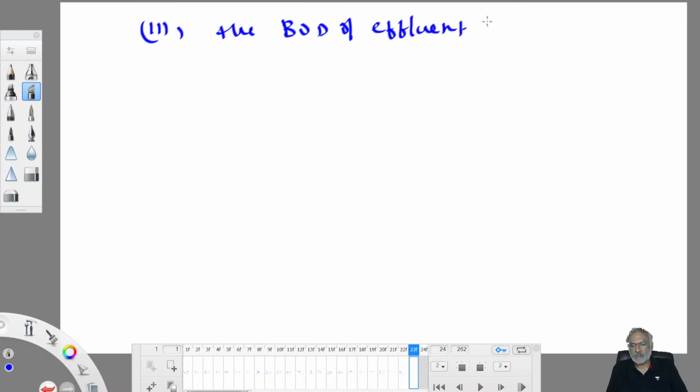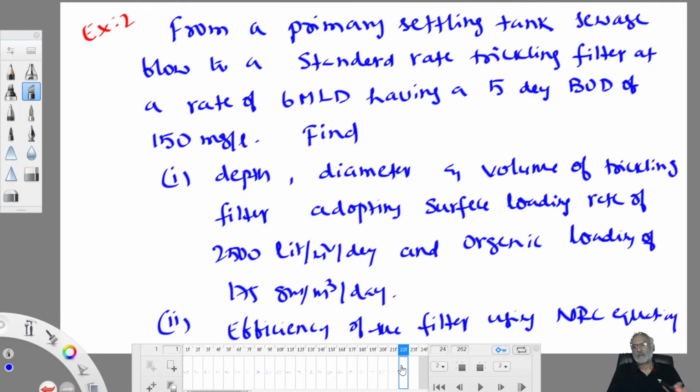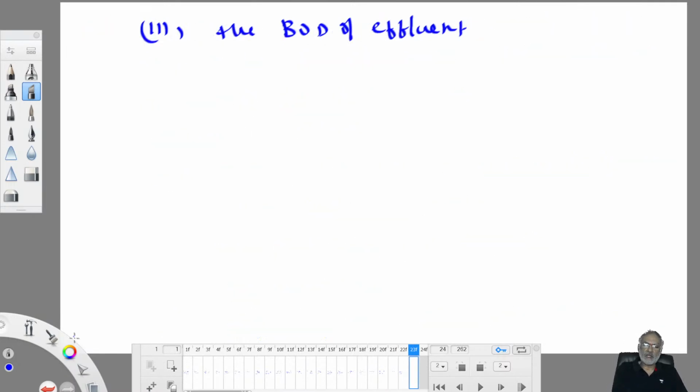So three things have been asked, you are expected to work out. Depth of trickling filter, diameter of trickling filter, volume of trickling filter.